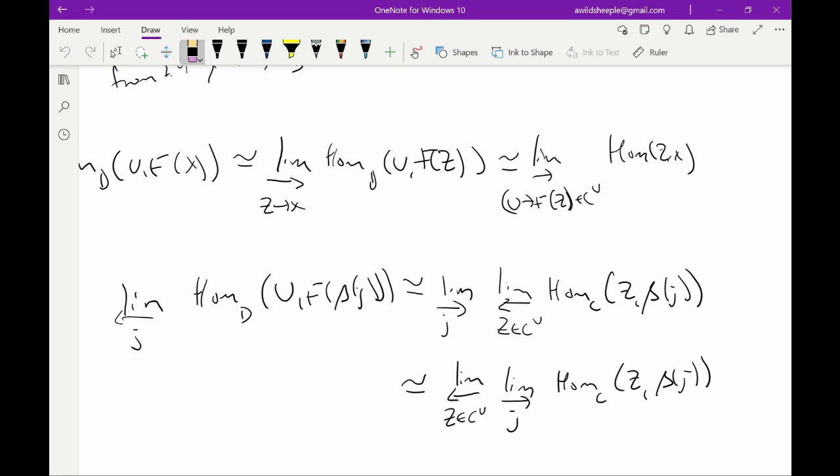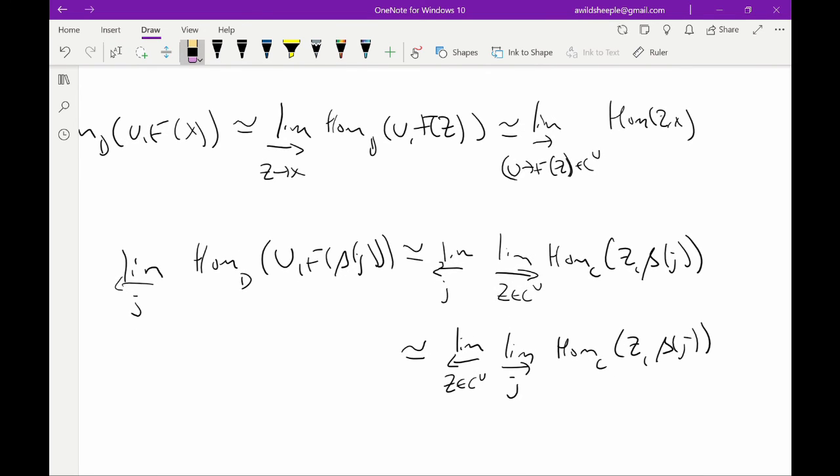And therefore, this limit should be like this. And that means this limit has to go forwards, because it has to match the thing I wrote above. And now this limit goes this way. Yeah, that makes a lot more sense.